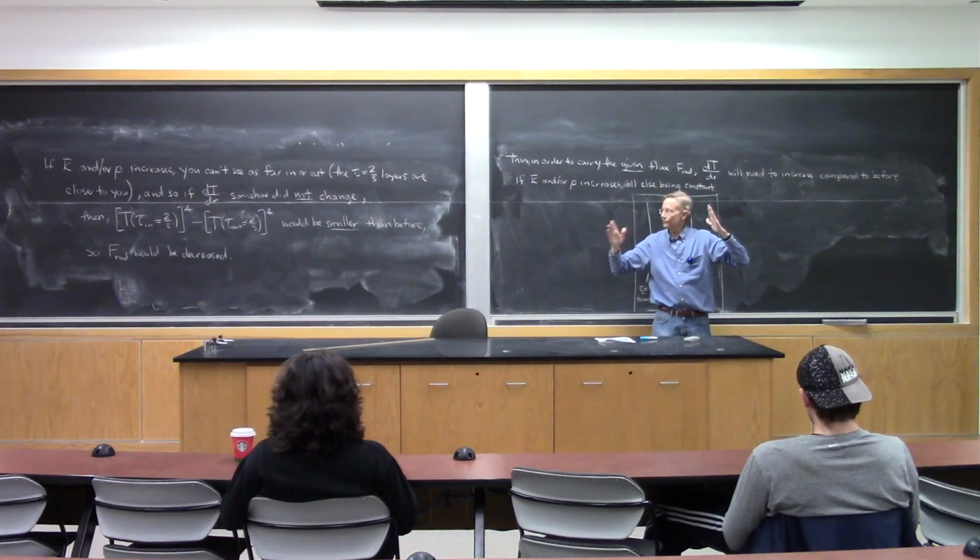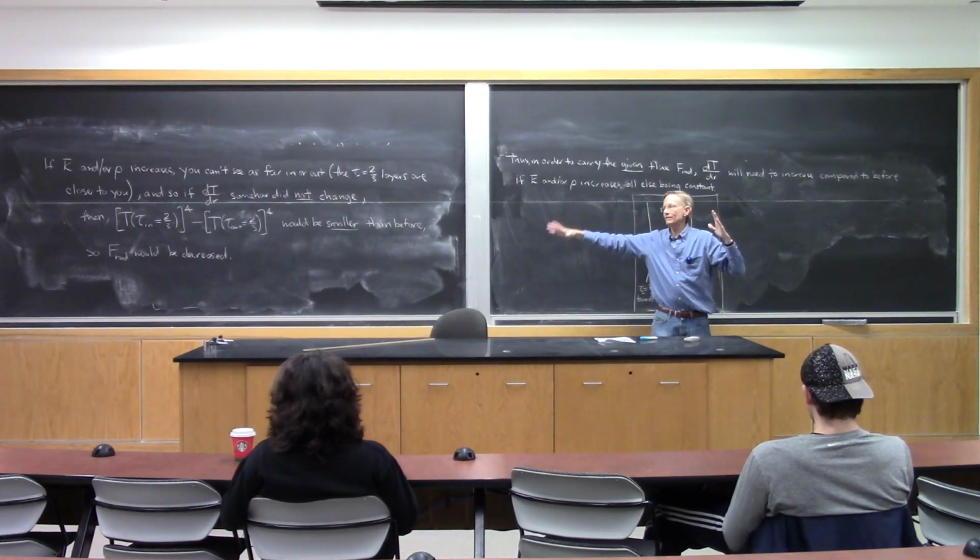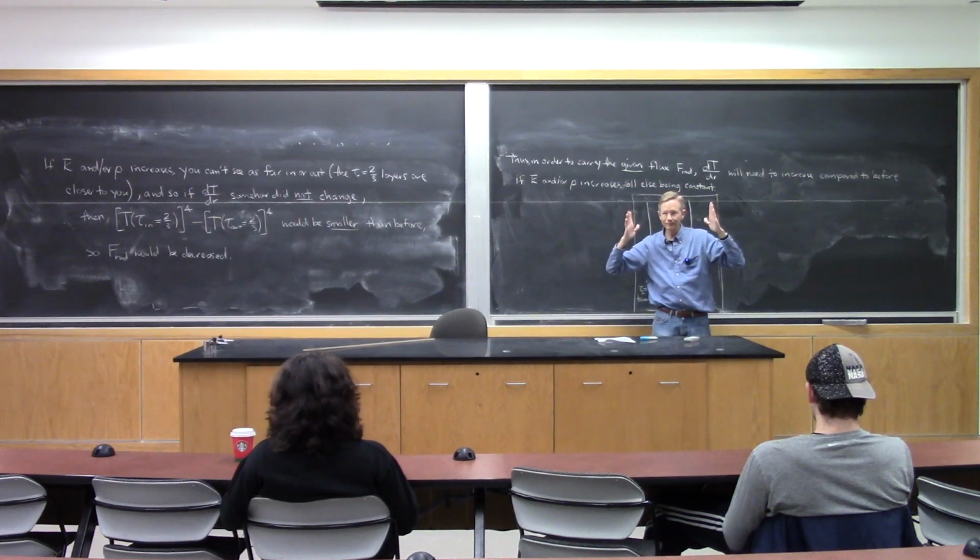But I'm assuming that F rad is staying constant, that changing the opacity isn't changing F rad, which it won't because I have to carry the energy coming up from the core, right? So how do we resolve this dilemma?